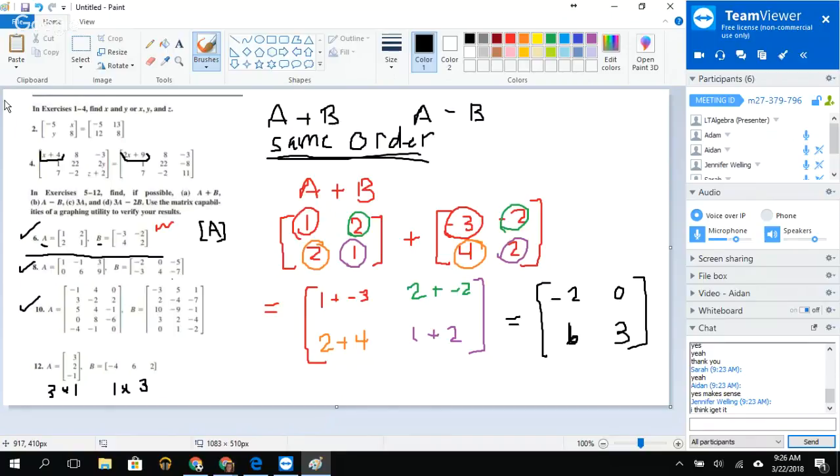So then what do you think happens when you subtract them? You're going to do the same operation, right? You're going to subtract each element. So instead of 1 plus a negative 3, you're going to have 1 minus a negative 3, 2 minus a negative 2, and so on.